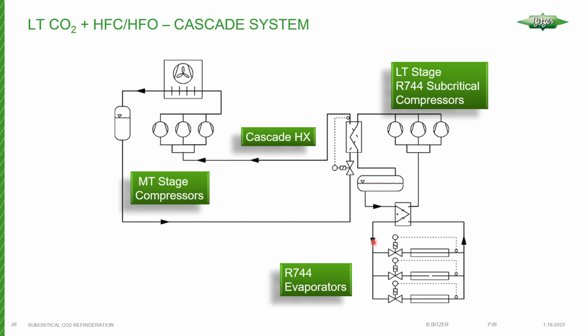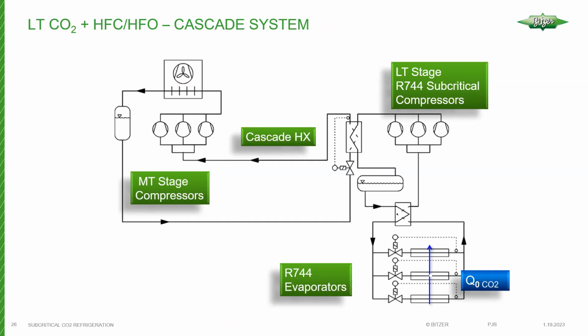From the receiver, it enters the expansion valves for the various low temperature evaporators, where the evaporators can then absorb heat. So we're absorbing heat in the low temp side, and we have to think about all the sources of heat, because ultimately in a cascade system, your condenser on the high side of the high stage has to reject all heat that's been added to the entire system.